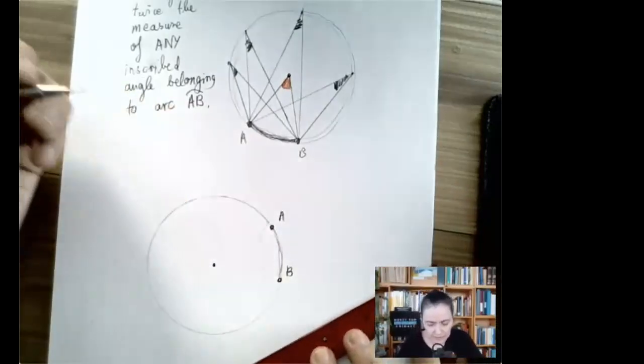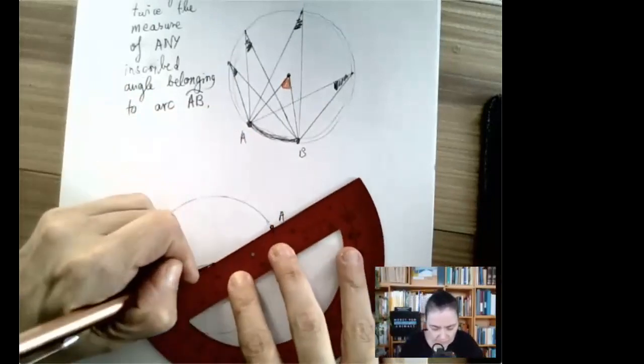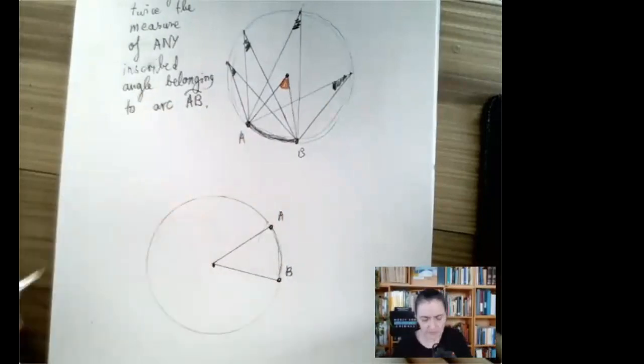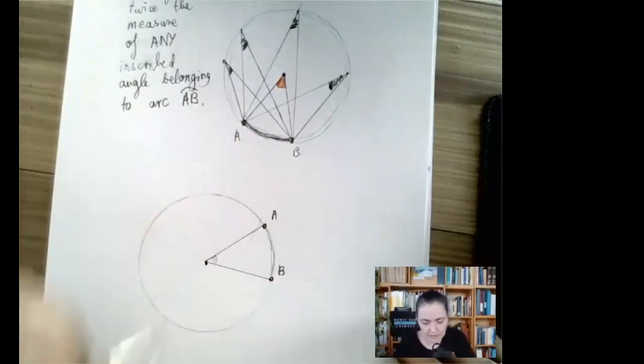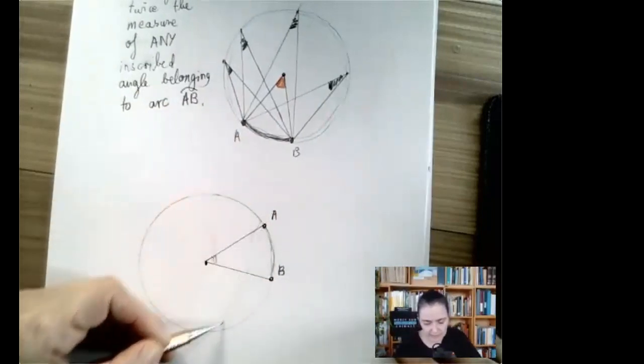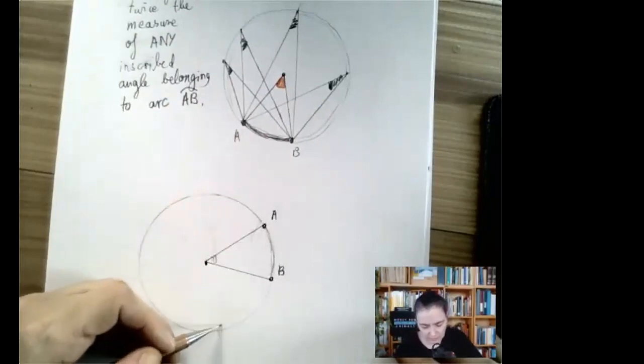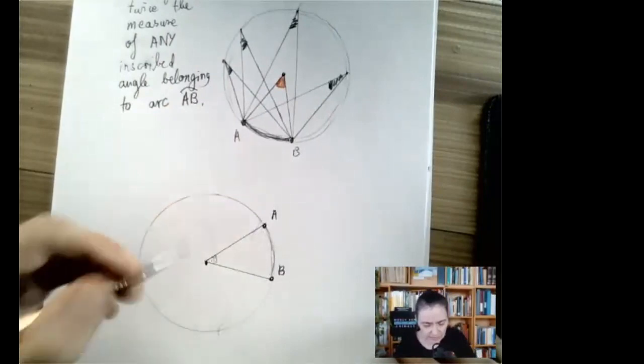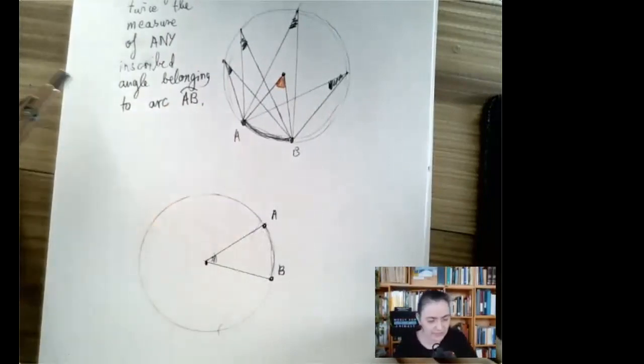And then the central angle, that's unique. You have to connect the points A and B with the center. And this is the angle. And now if you connect A to any point on the circle and then B, that angle that we create here is going to be half of this. But now I'm going to show you a special case of it.